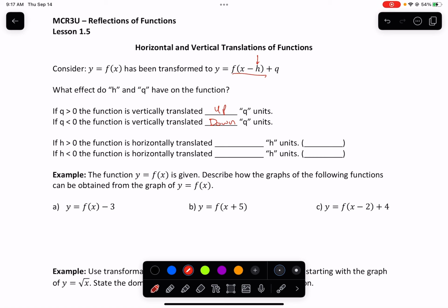If H is positive, H is the horizontal translation by definition. If it's positive, it's moving right, but it appears in the equation that it's negative because that's just what the equation is. So H is greater than 0, the function is translated to the right. H specifically, but you're going to see x minus positive H. Is that clear enough or no?